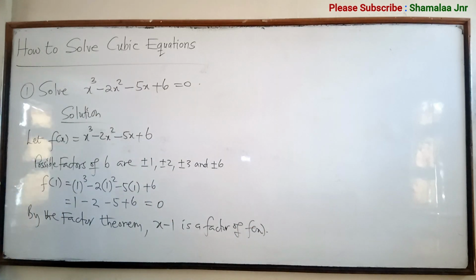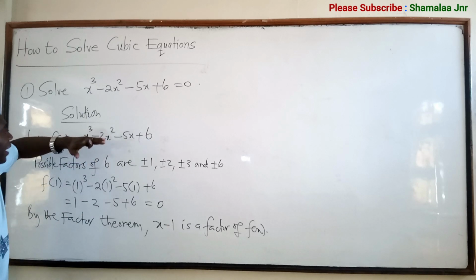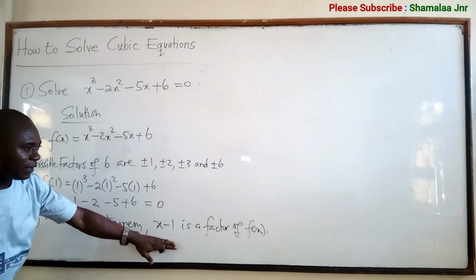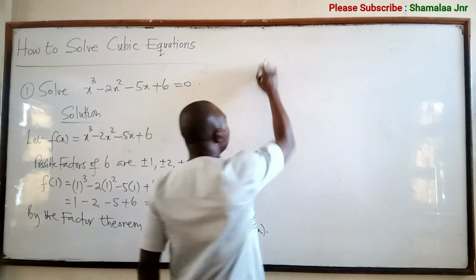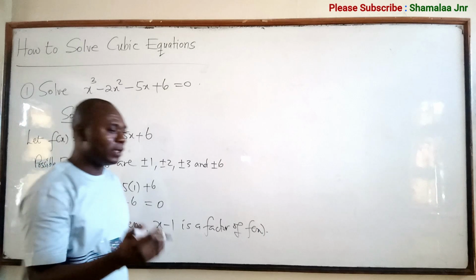Yes. So x minus 1 is a factor of this cubic function or this polynomial. Now, if x minus 1 is a factor, then we are going to divide this by this. So it's going to be like this. And we are going to do that using the long division method.